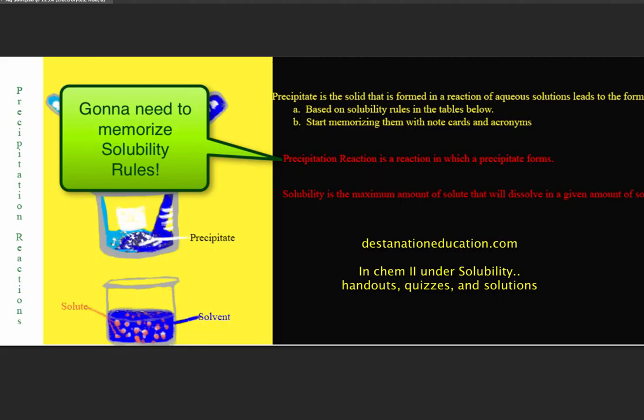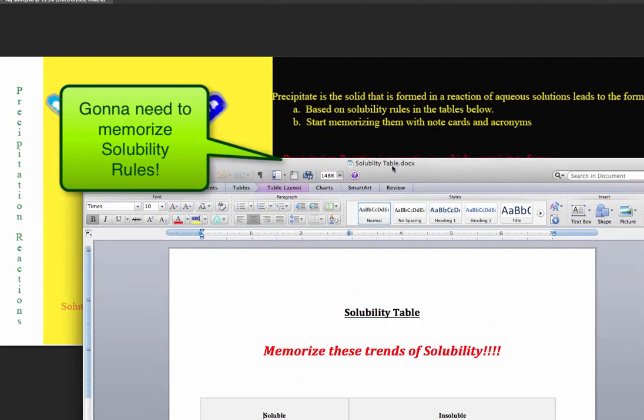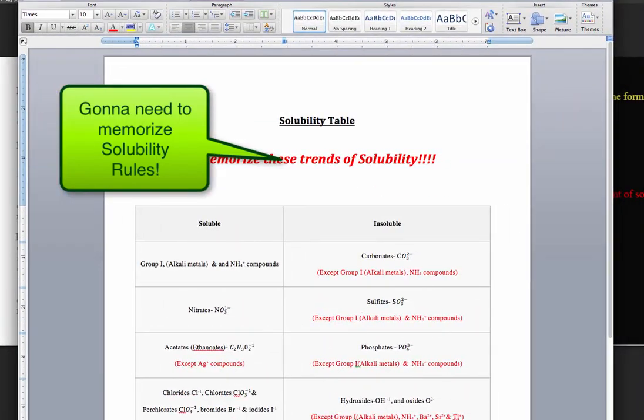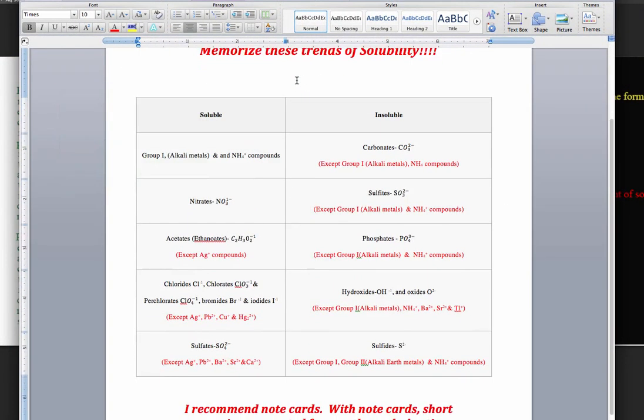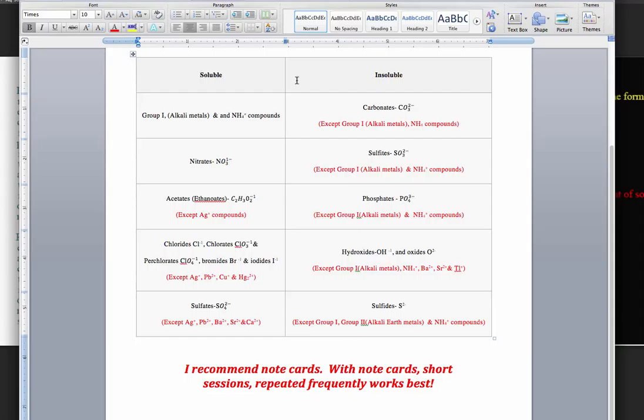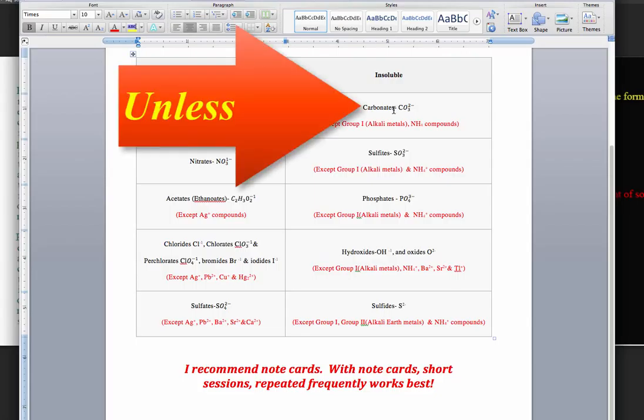The table you can find on destinationeducation.com is right here. So memorize this. Okay. So we know what's soluble. Well, Group 1 alkali metals are soluble and compounds that contain ammonium, except for the carbonates that have group 1A.